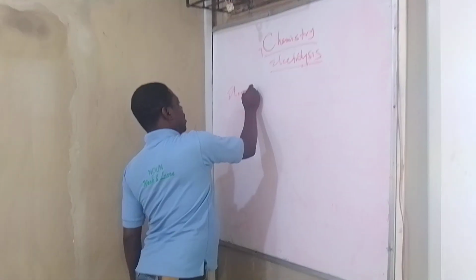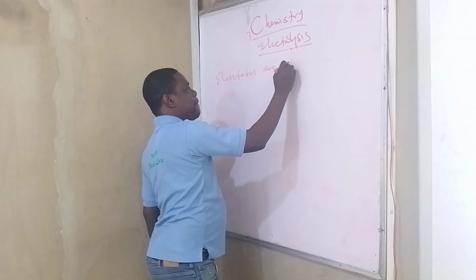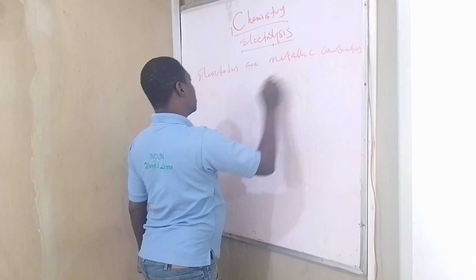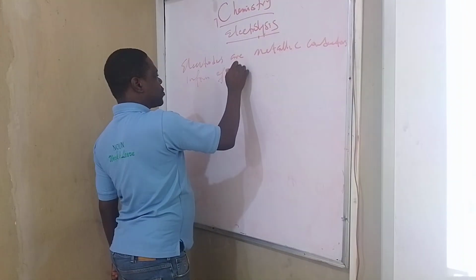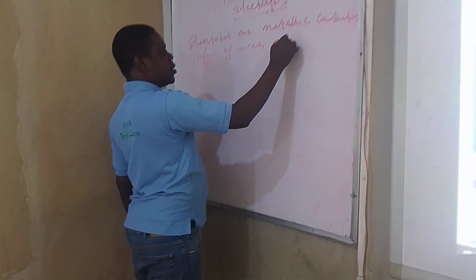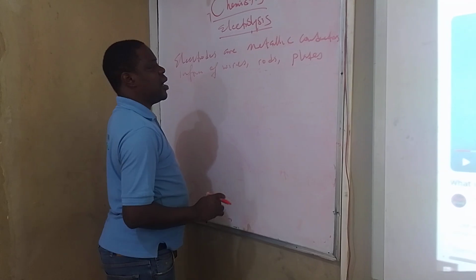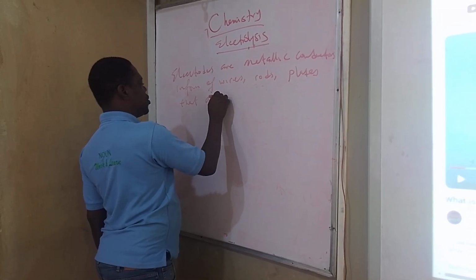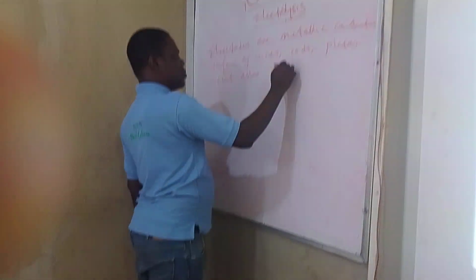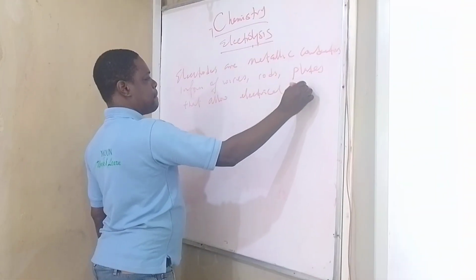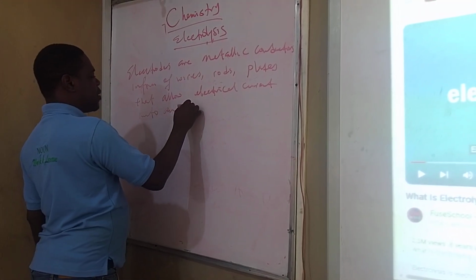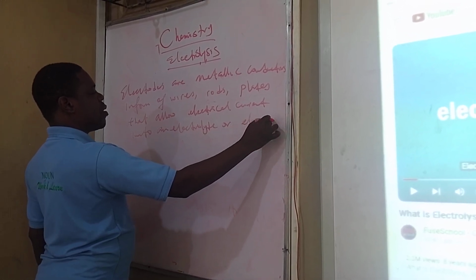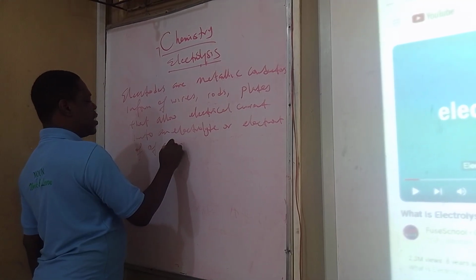So electrodes are metallic conductors in the form of wires or rods that carry electrical current into an electrolyte or electrons out of an electrolyte.